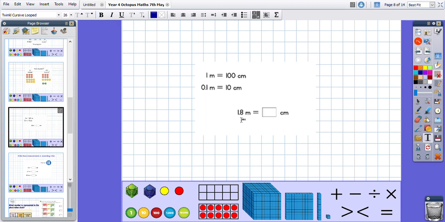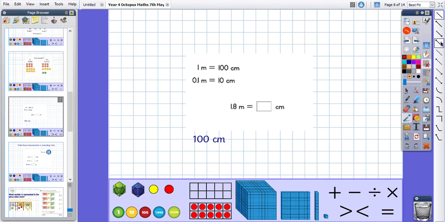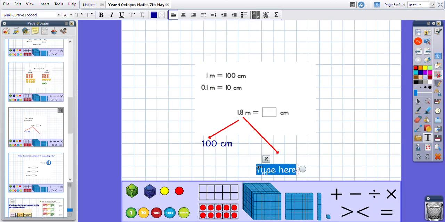Well, I know the one whole number means I have 100 centimetres, but I don't know what the 0.8 means. So, if 0.1 metres is 10 centimetres, then 0.8 metres must be 80 centimetres. So I know that in 1.8 metres there are 180 centimetres.